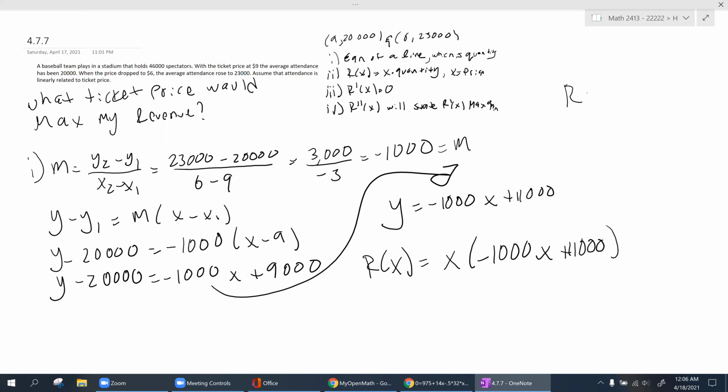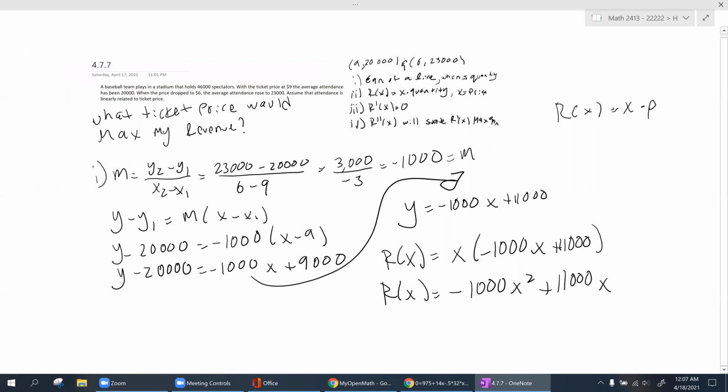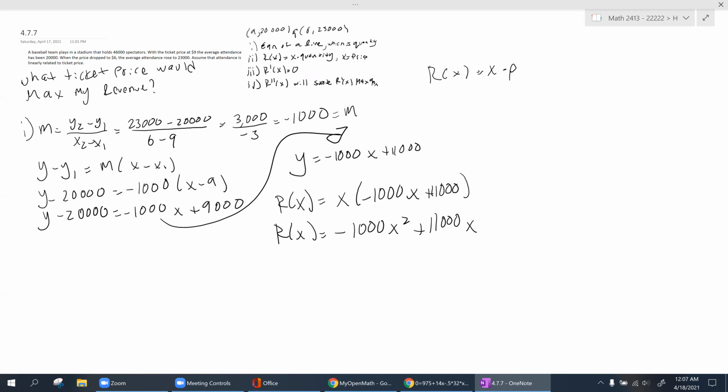In your book, or in other questions, you may see it as x times P, where P is the quantity, and you're multiplying that by x. So here I'm going to get my revenue function to be negative 1,000x squared plus 29,000x. And of course, I'm looking for a maxima or a minima.